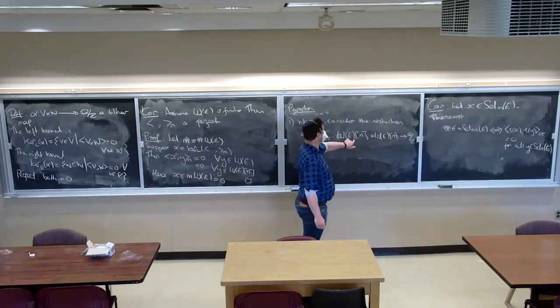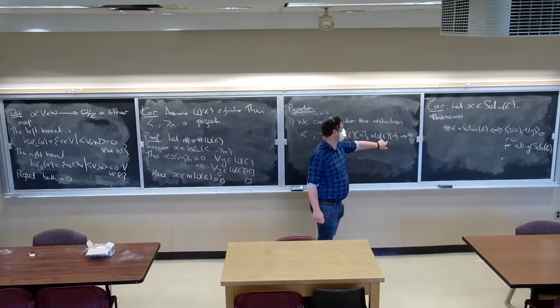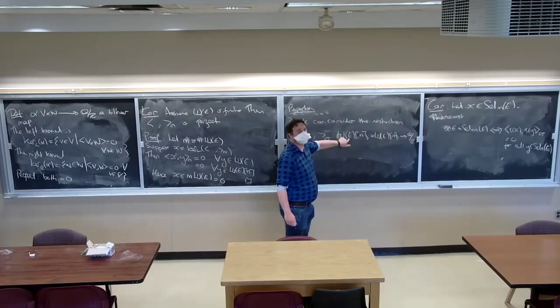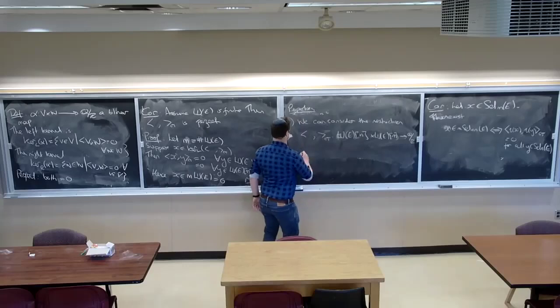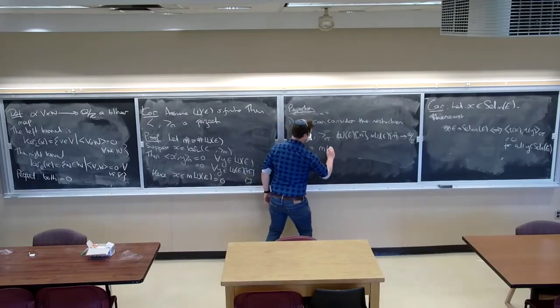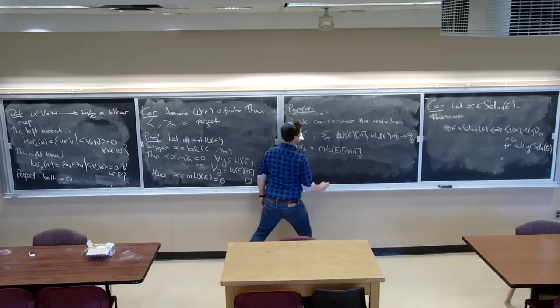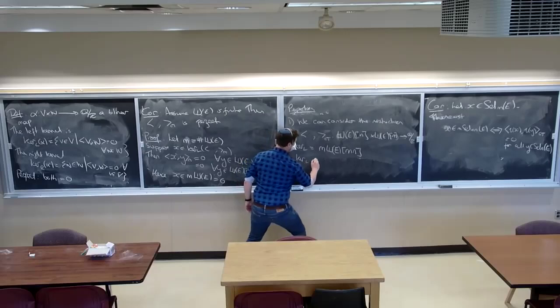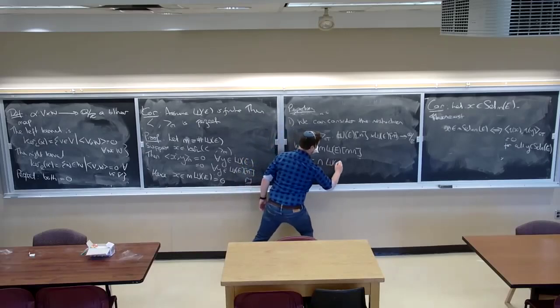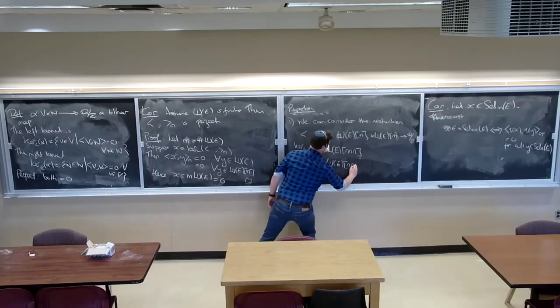What pairs to 0 here? The things that pair to 0 here are the things that are divisible by m here. So the left kernel is going to be m Sha E[mn]. And similarly, the right kernel is going to be n Sha E[mn].